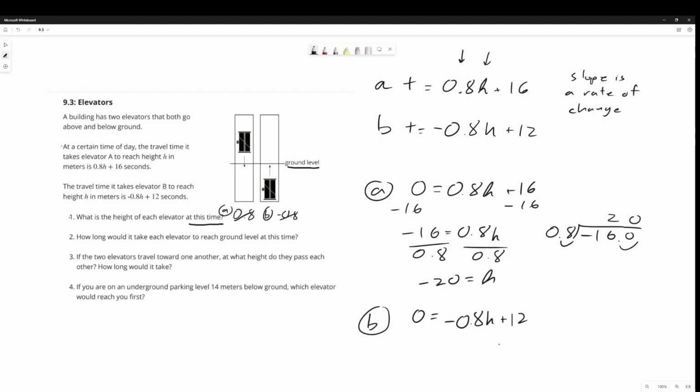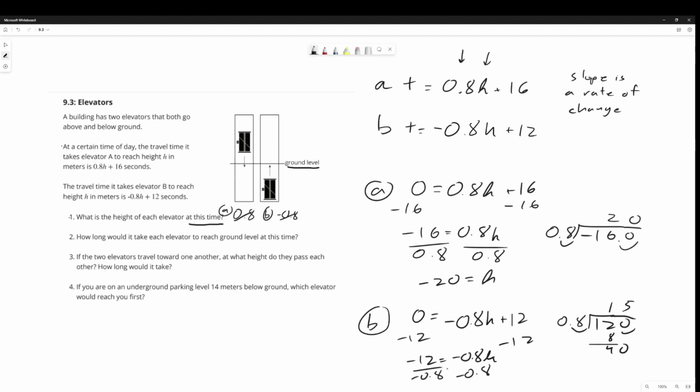All right, let's see how you did. Let's subtract 12 from both sides. So I get negative 12 equals negative 0.8h. I know I keep switching back between cursive and print. Divide both sides by negative 0.8. So we have negative 12 divided by 0.8. So it's really 120 divided by 8. It goes in once, goes in 5 times.